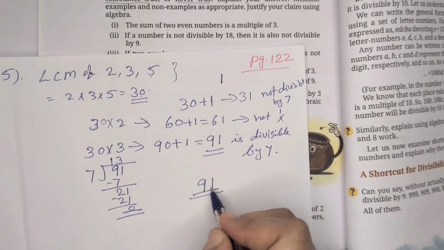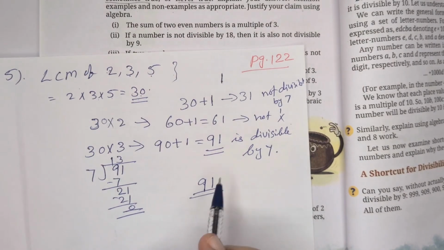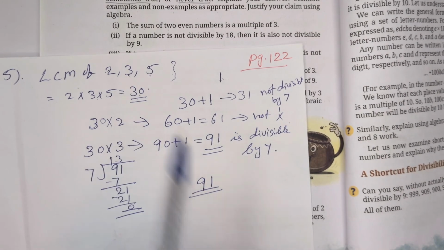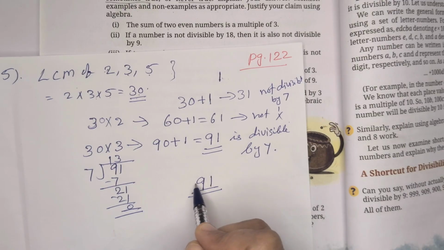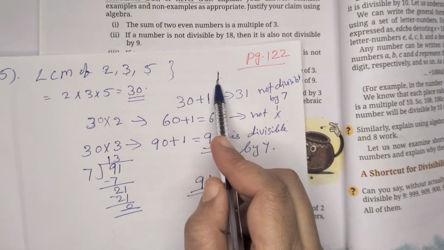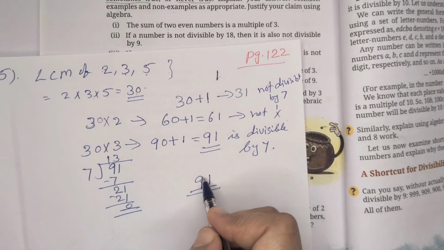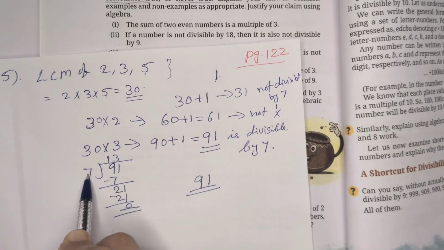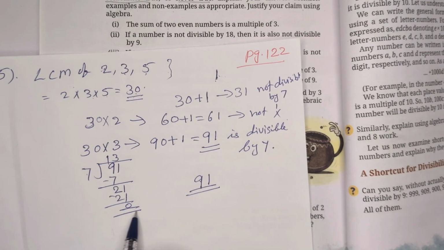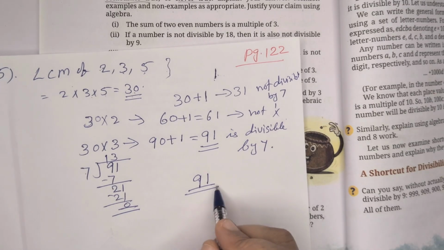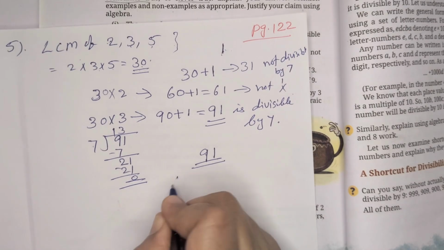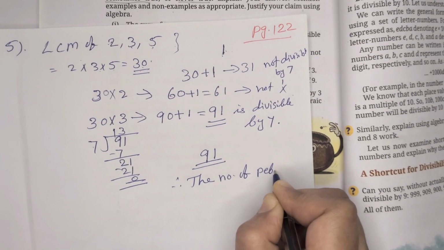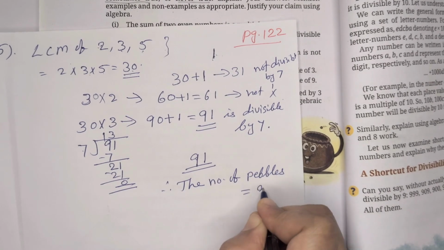Which means if we are dividing 91 by 2, this is an odd number, 1 will be the remainder. 91 divided by 3, we are dividing 90, 30 times, and then 1 will become the remainder. Again divide by 5, 90, after that 1 will be the remainder. At the same time, when we are dividing by 7, it's completely divisible. So according to that puzzle, the answer is 21 times 3. So we can write, therefore, the number of pebbles is equal to 91.